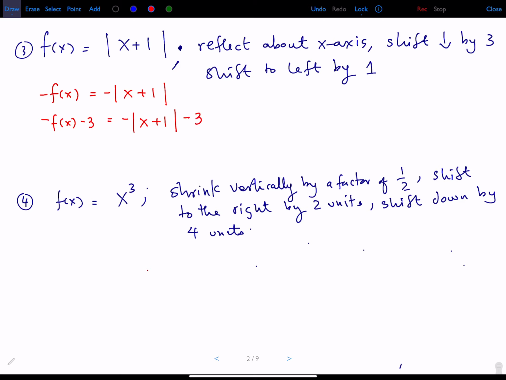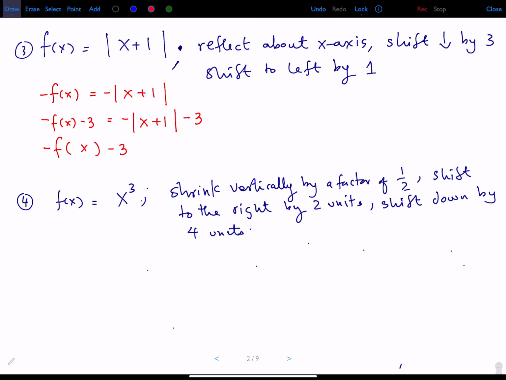And then finally, I'm going to shift to the left by 1. And you have to be very careful with this. You are not just adding a plus 1 to the x that you already see over here. What is really happening is that you have negative absolute value of x plus 1, minus 3.